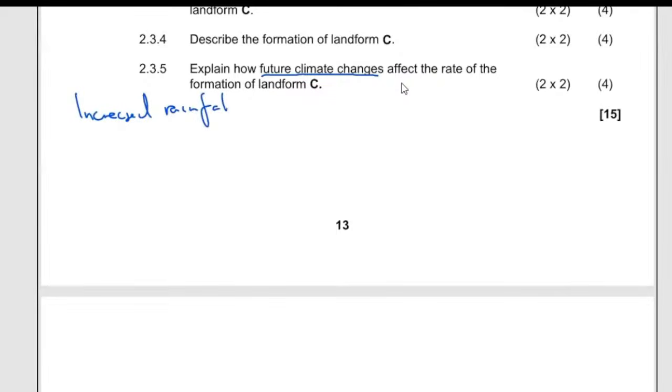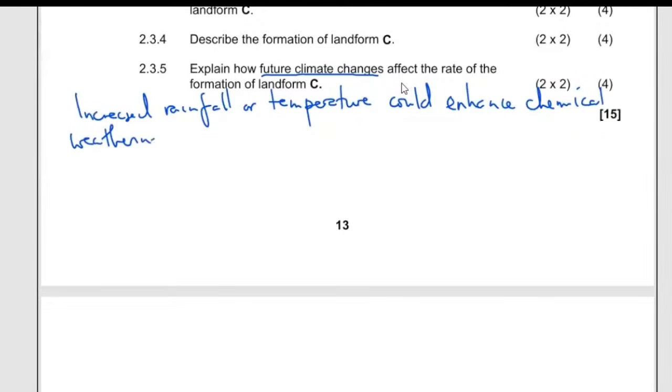If in future there is increased rainfall or increased temperature, how are they going to affect it? This could enhance chemical weathering and erosion, and ultimately accelerate degradation.